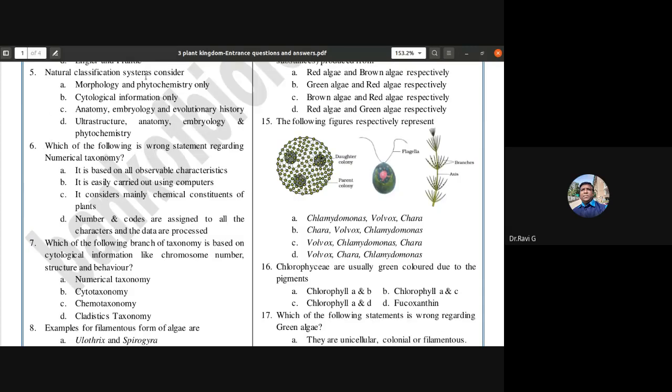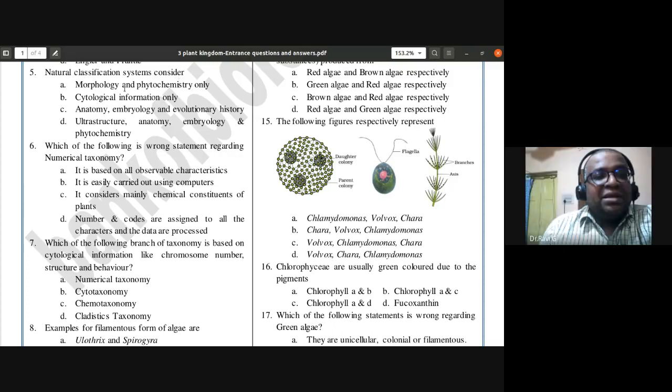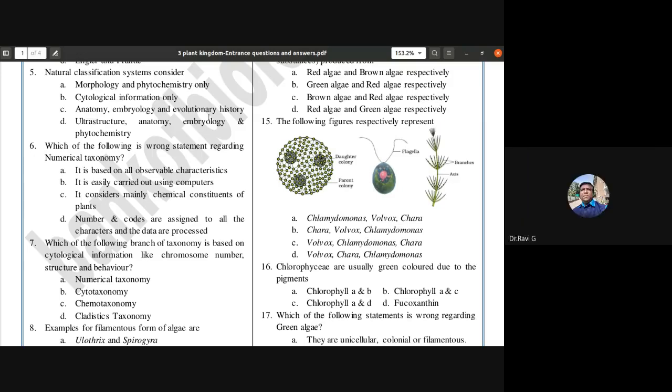So the natural classification system considers anatomy, embryology, and evolutionary history. So C is the answer for the fifth one, anatomy, embryology, and evolutionary history.